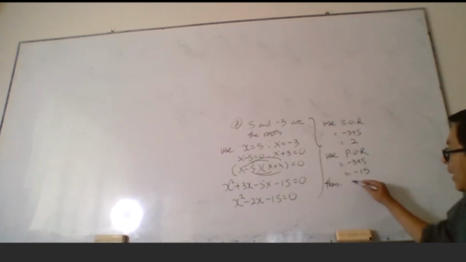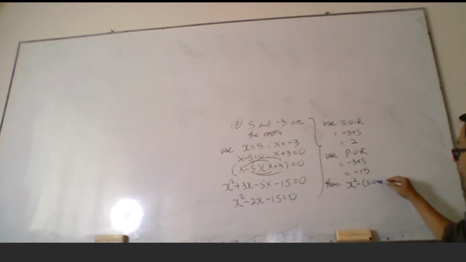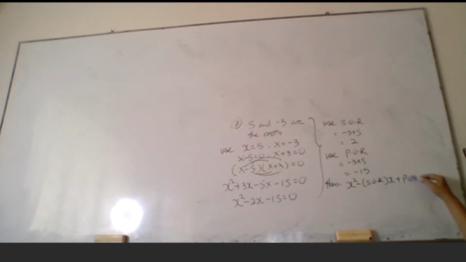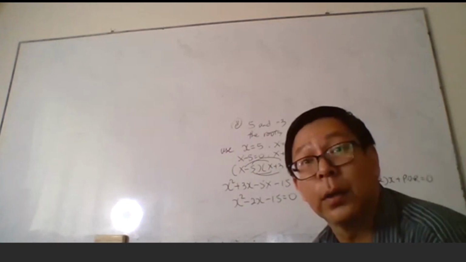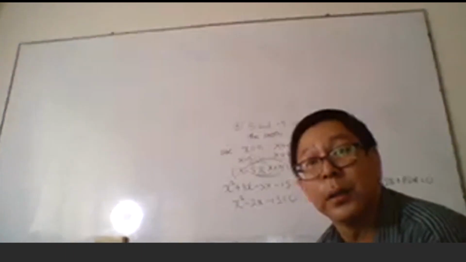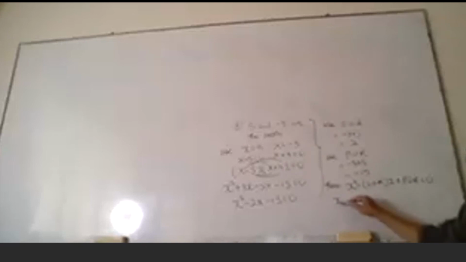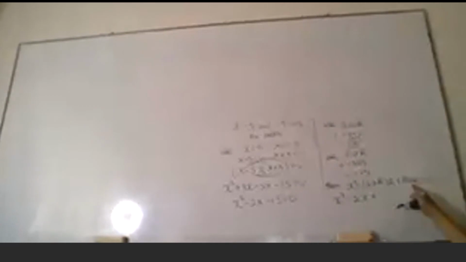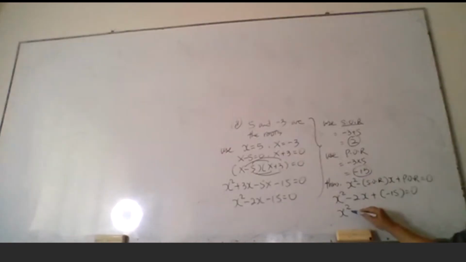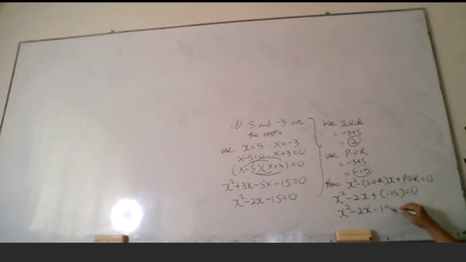So thus x squared minus sum of the roots x plus product of the roots equal to 0. Okay, so x squared, sum of the roots will give you 2. So it's minus 2x. Product of the roots is negative 15. So you can straight away write x squared minus 2x minus 15 equal to 0.